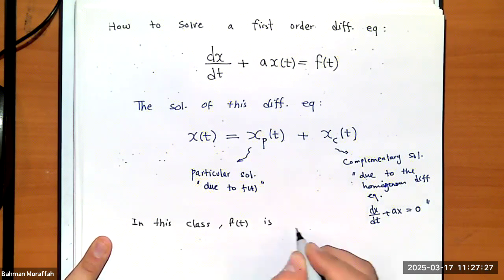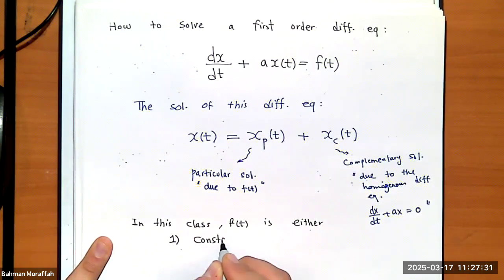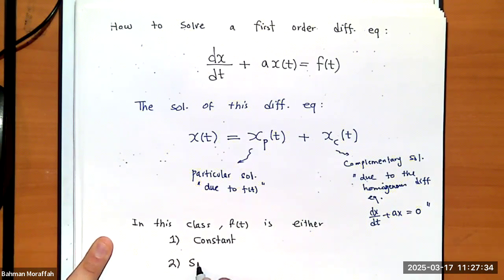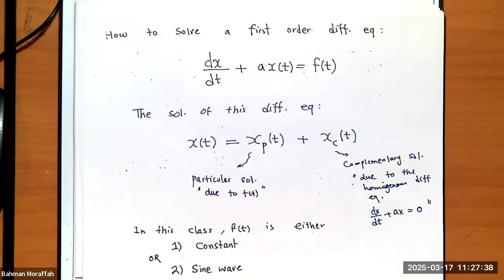Why is it good news? Because if f of t is constant, the function I'm guessing is also a constant, right? And if f of t is a sine wave, the function I'm guessing is still a sine wave. It has different coefficients, but it's still a sine wave.